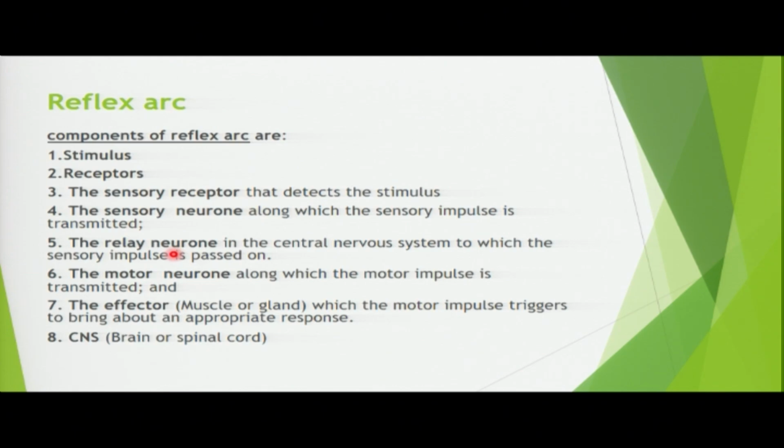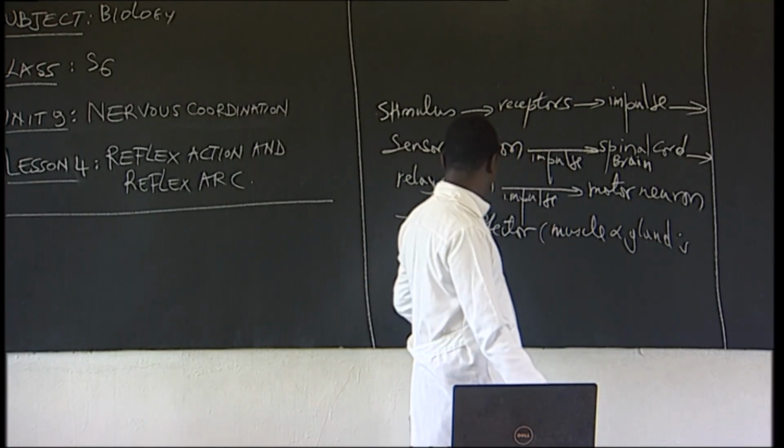All those parts are involved in reflex action. Another component is the central nervous system, which can be the spinal cord or brain. Another component is the effector.